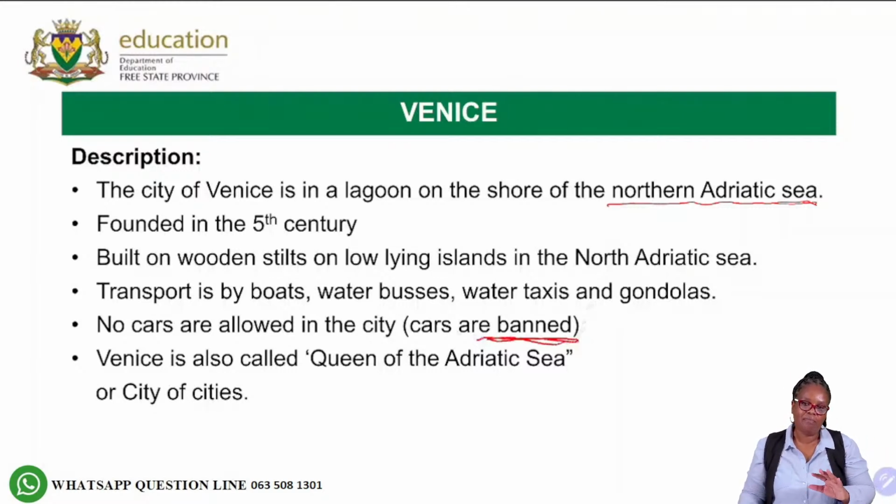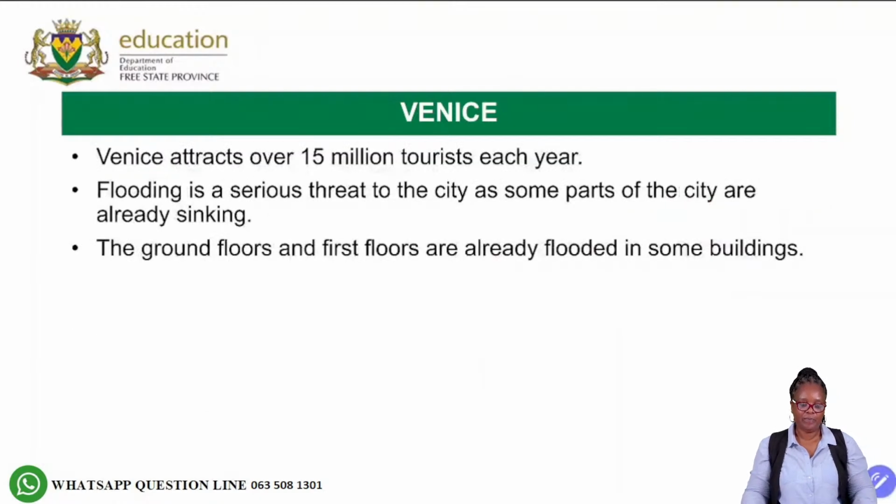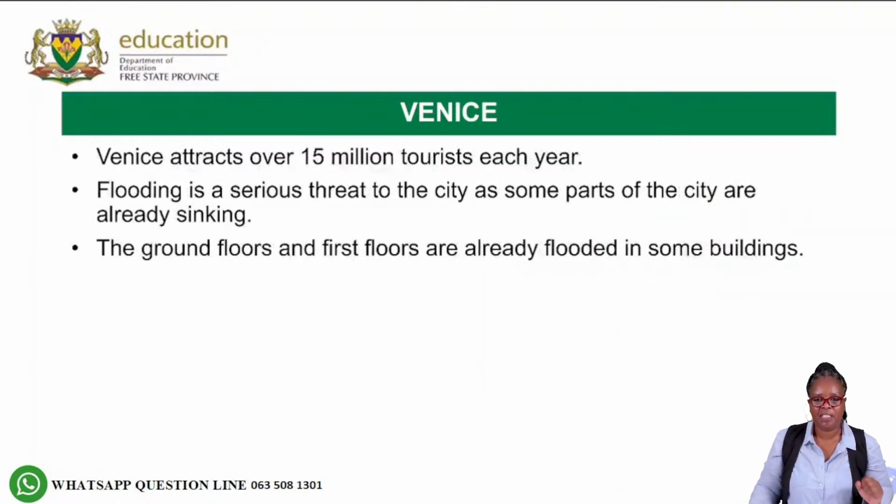There is another name for Venice. It is also called the Queen of the Adriatic Sea. Sometimes it is called the City of Cities. Look at it and you'll see that it's so beautiful. Now let's look at how many visitors visit the icon.